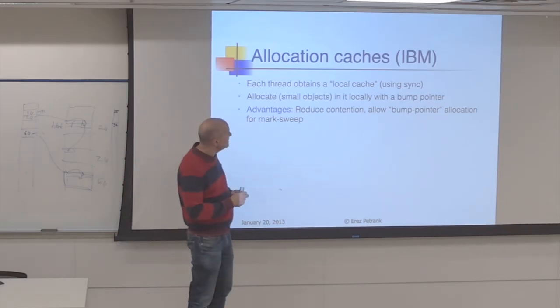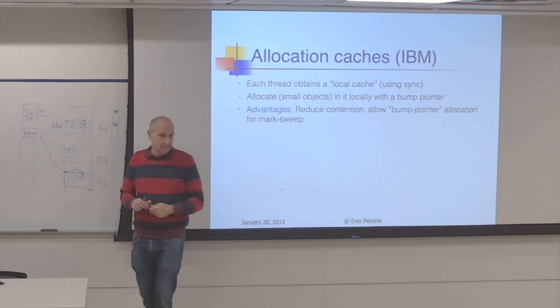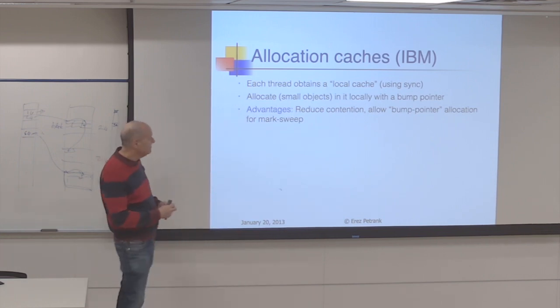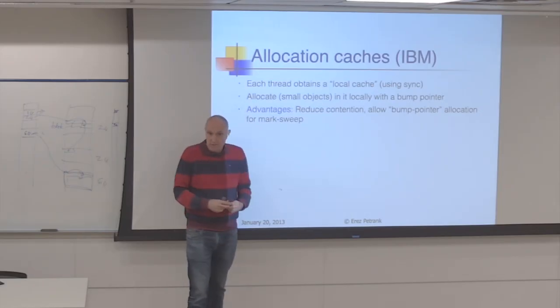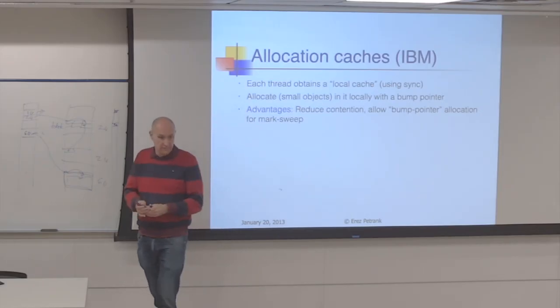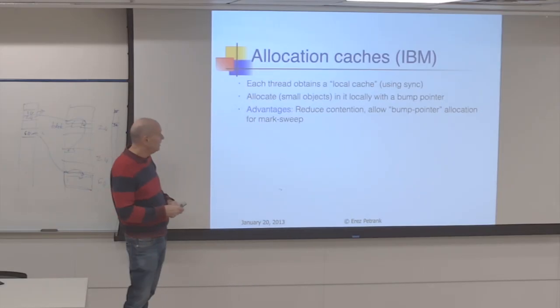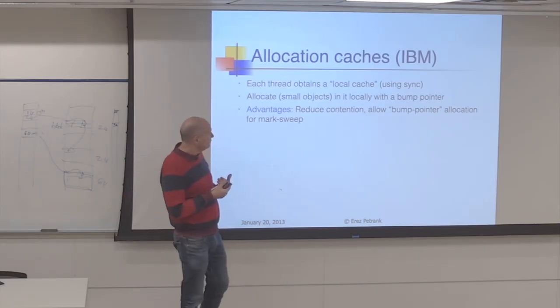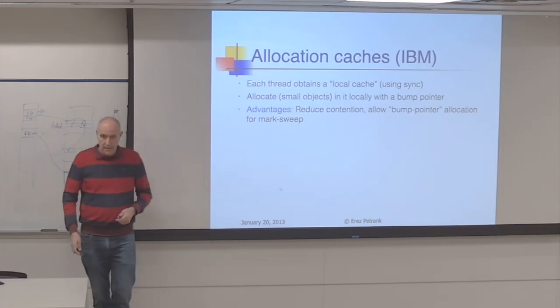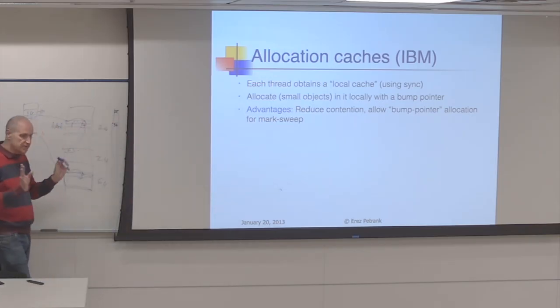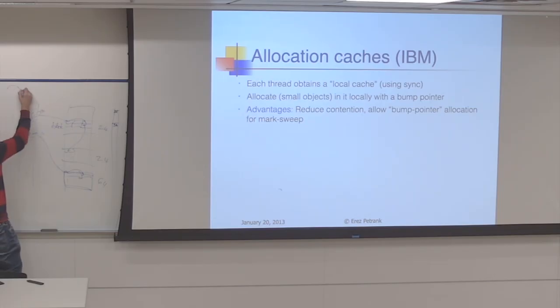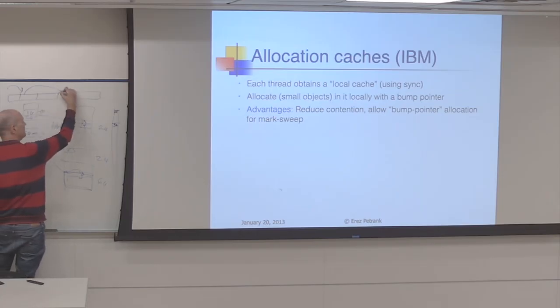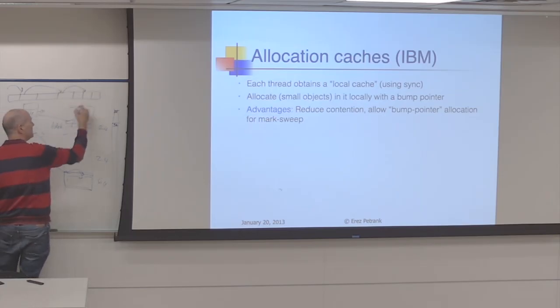So the first one was done by IBM, and actually it wasn't done by researchers, it was done by practitioners. They invented this, and this is really a cool way to do it. When you want to allocate, you have a free list. The sweep gives you a free list. So you have the heap, and you have free chunks, and you have a free list between these chunks.